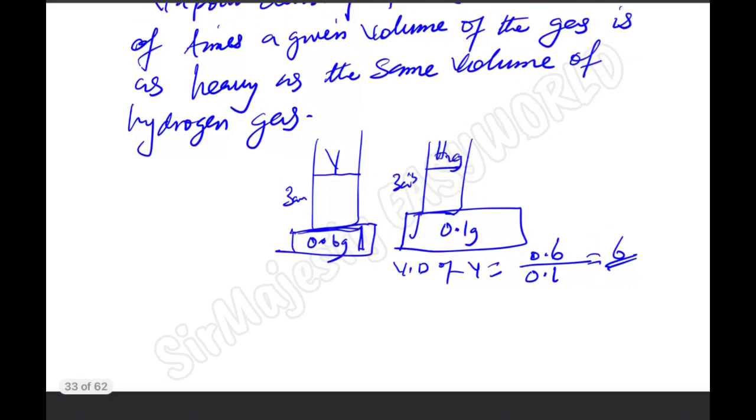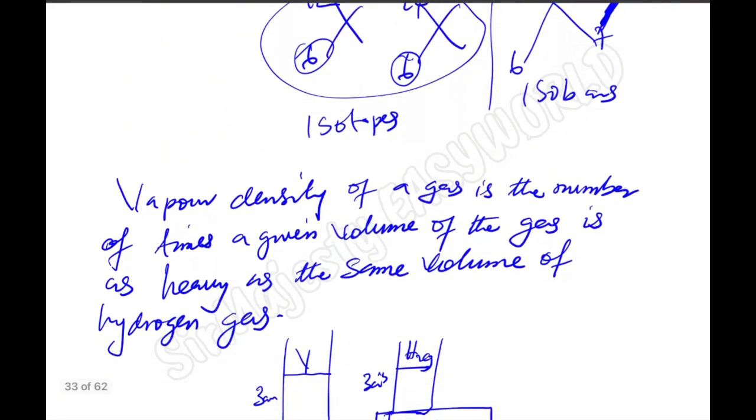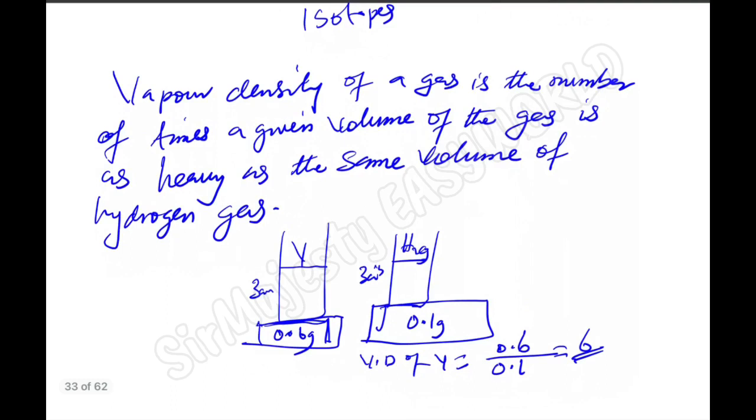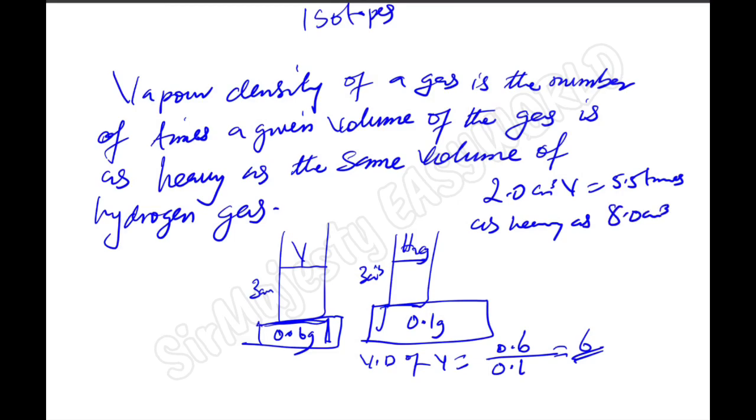Relating this to the question they asked us, they say that 2.0 cm cube of gas V is 5.5 times as heavy as 8.0 cm cube of hydrogen. What do you notice here? There is a discrepancy from the definition. This is 2 and this is 8.